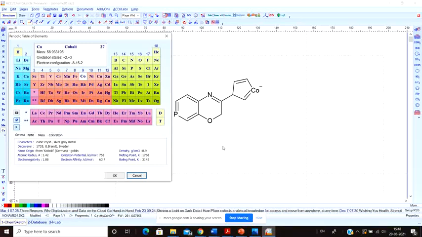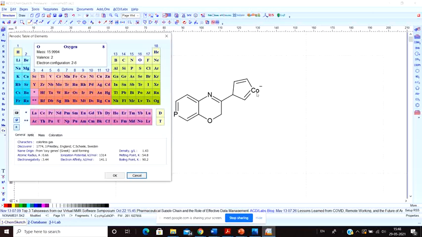So for that reason, you need to know the chemical parameters of that particular molecule, whether it is electronegative or not. Suppose I am adding cobalt, and cobalt has an electronegativity of 1.88. What about oxygen? When I click oxygen, the electronegativity comes to 3.44.